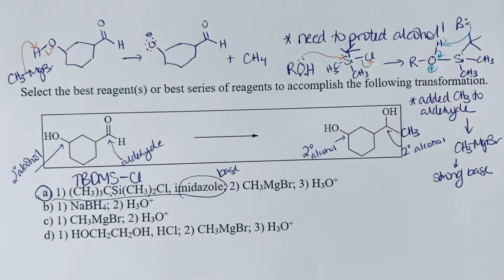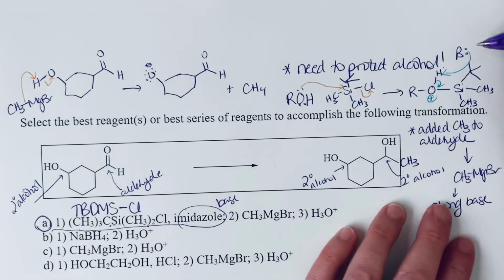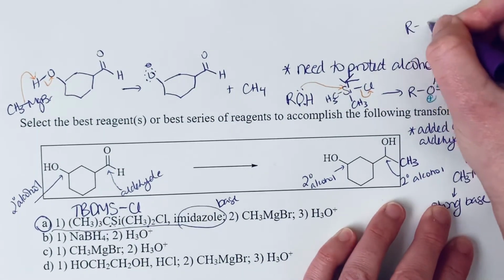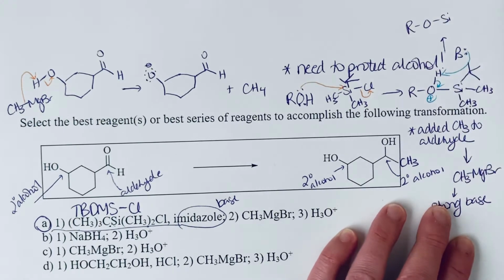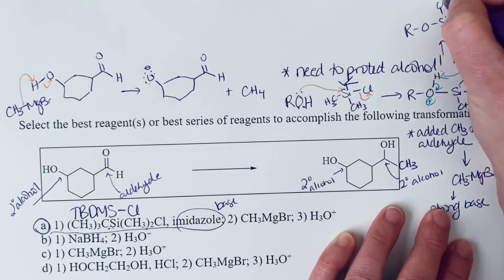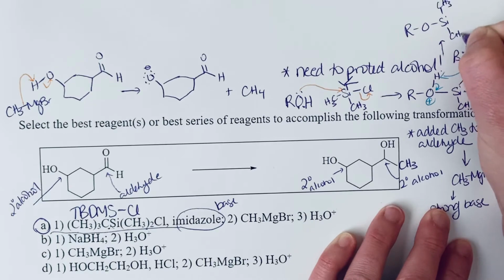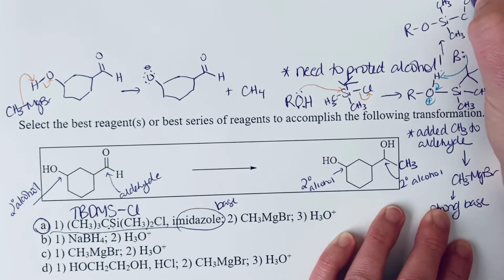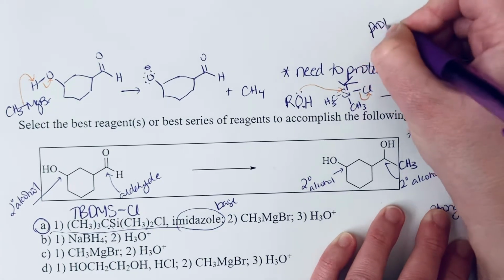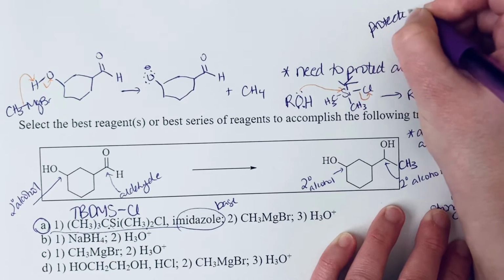And this gives you your silyl ether, which is a protected alcohol. So you've got a silicon, you've got 2 methyl groups, and a tert-butyl group. So this is a protected alcohol.